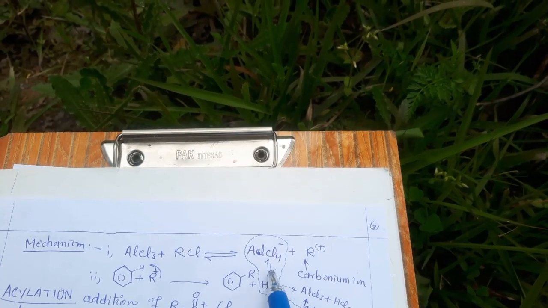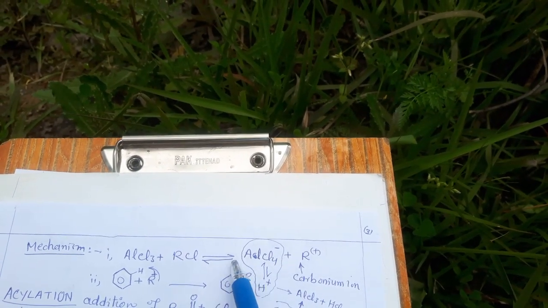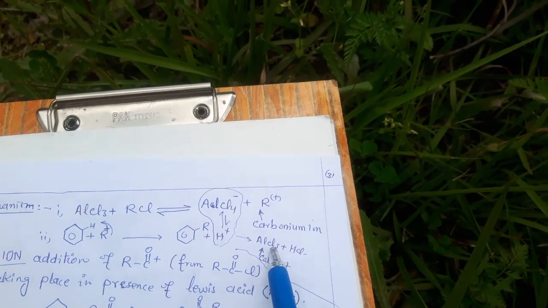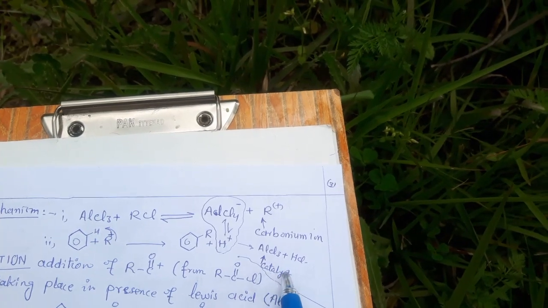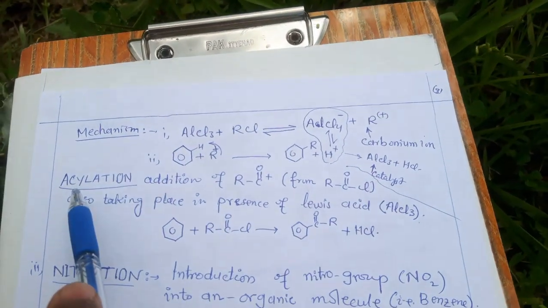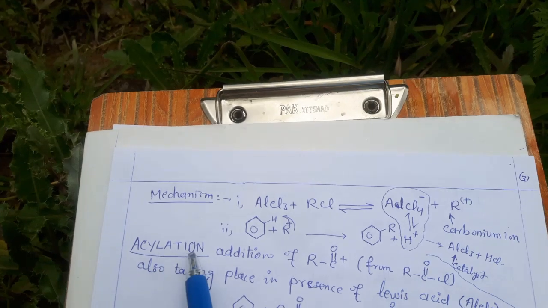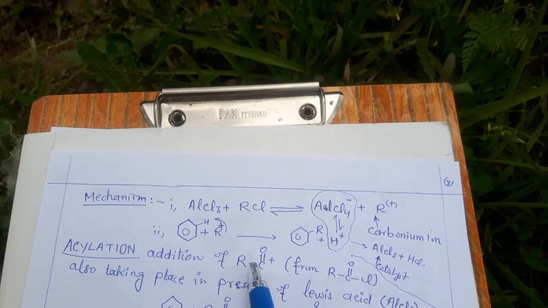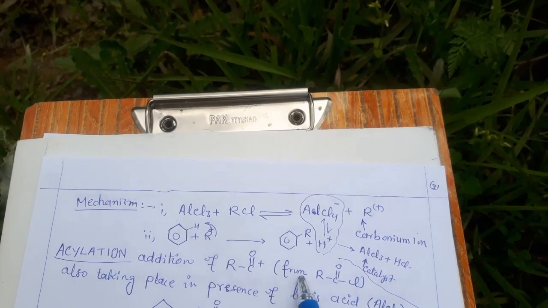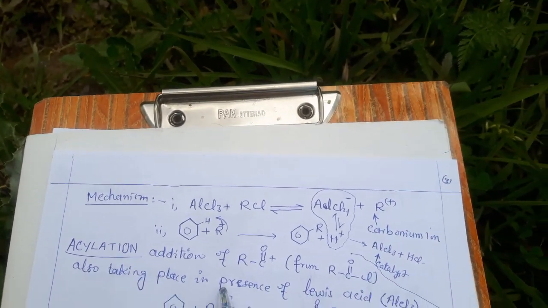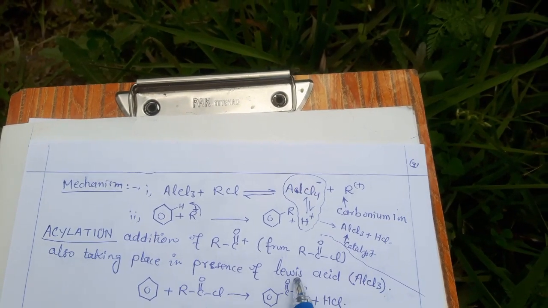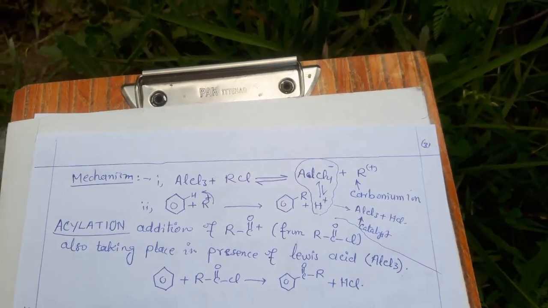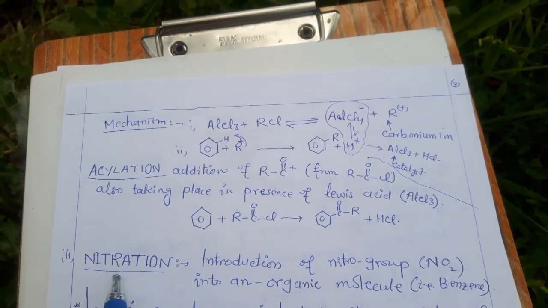This proton reacts with the Lewis acid, and the Lewis acid is regenerated, so the catalyst is regenerated and is not used up in the reaction. Similarly, another example of this kind of reaction is acylation, which is the addition of an acyl group from acyl chloride, also taking place in the presence of the same catalyst, so the mechanism is the same for this reaction. The second one is nitration.